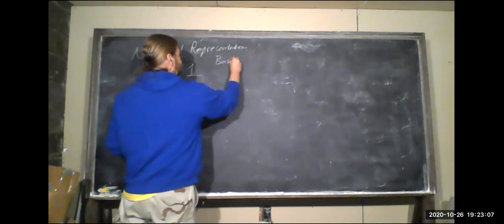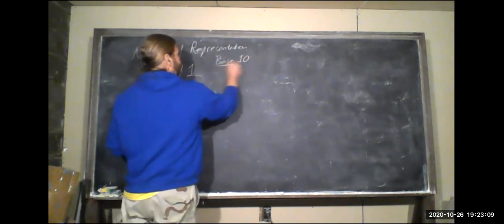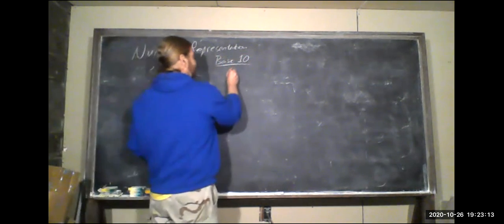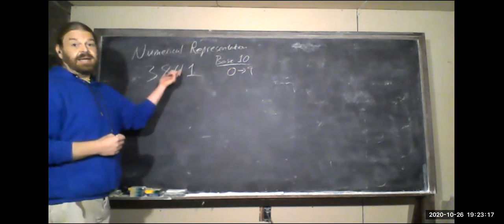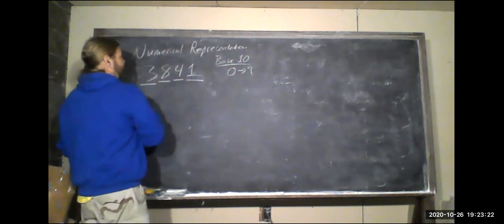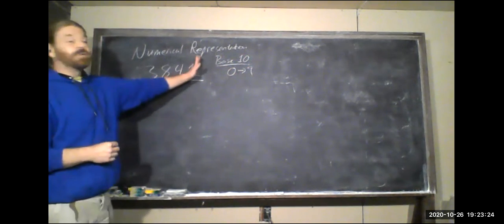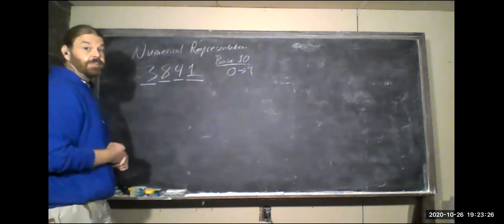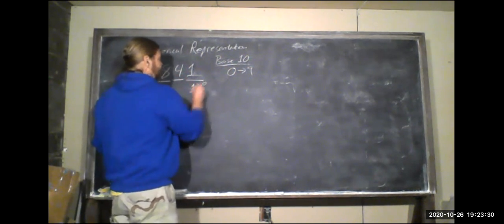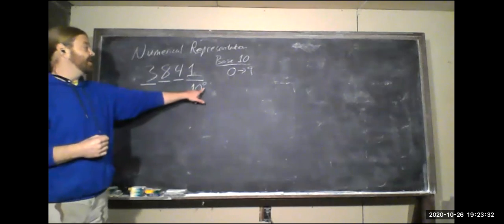which just means our number symbols are based off 10 digits, the digits 0 through 9. And we line things up in columns, and then each column has a different meaning. So our furthest to the right column, the smallest one, is going to be 10 to the 0 power.